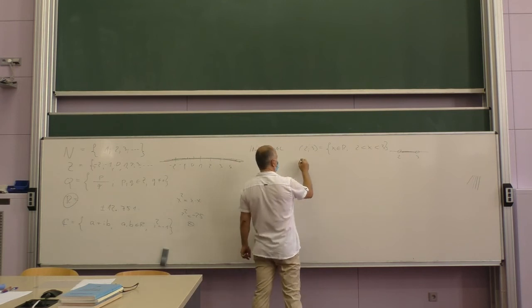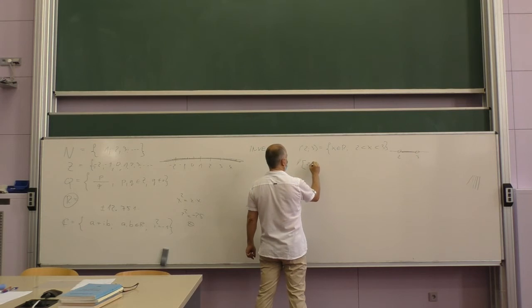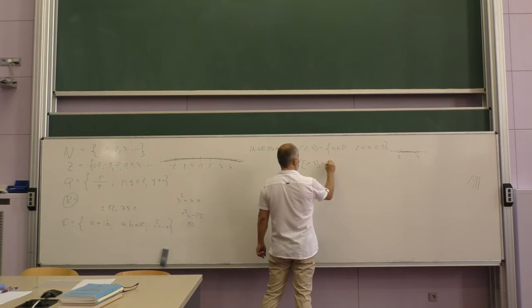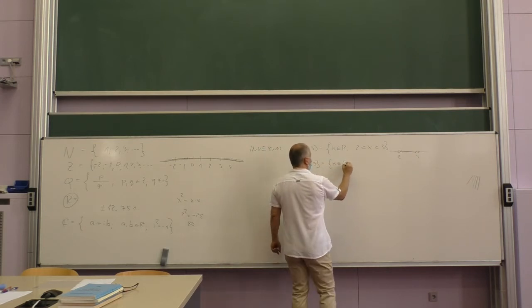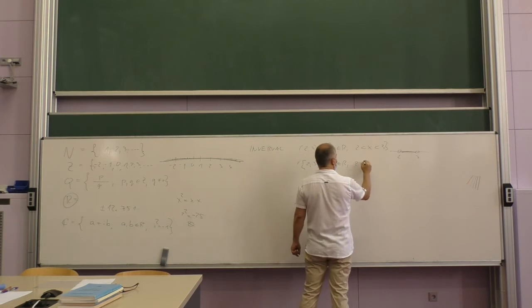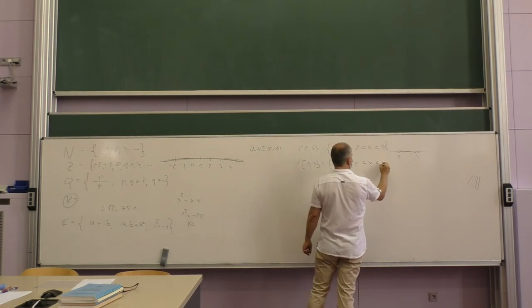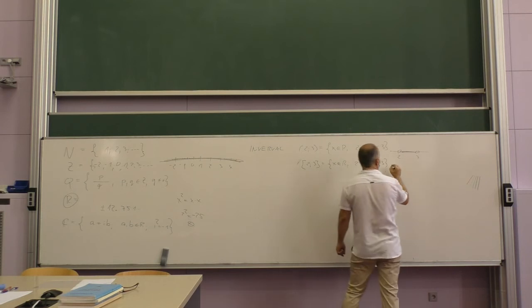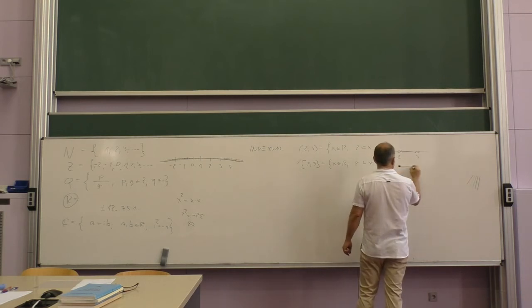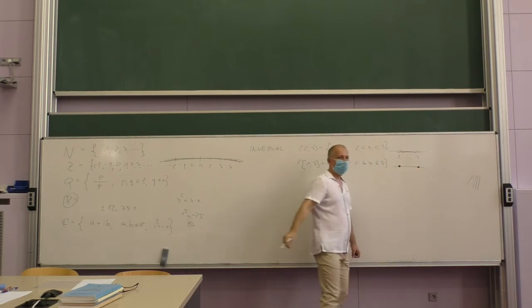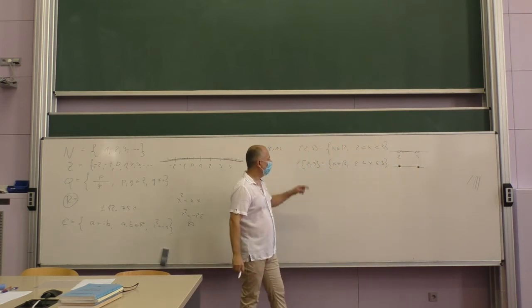A closed interval is denoted in English literature by square brackets, and this is the set of all real x such that 2 is less than or equal to x, less than or equal to 3. And this can be visualized as a segment with the full bullets denoting the endpoints do belong to the set.